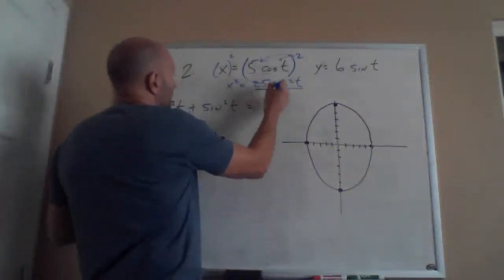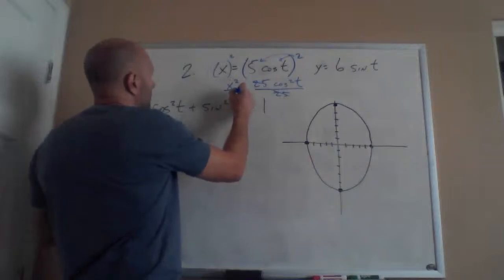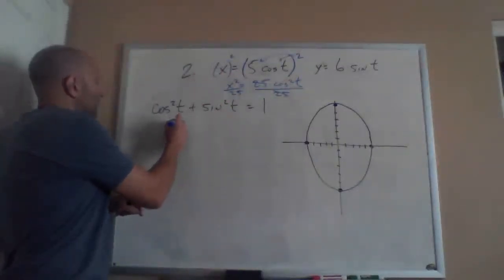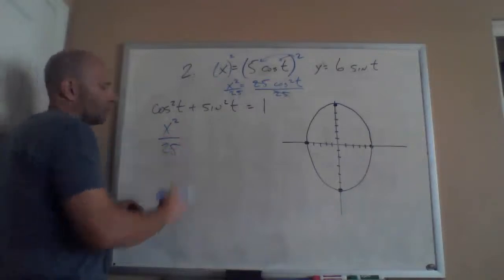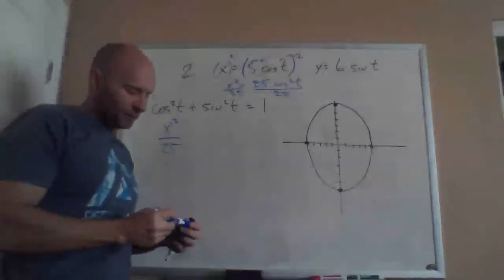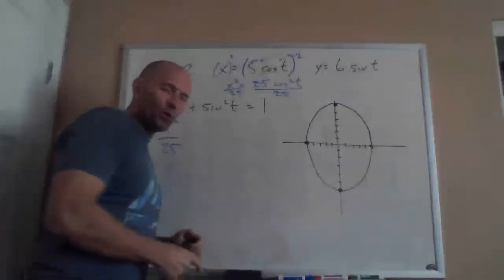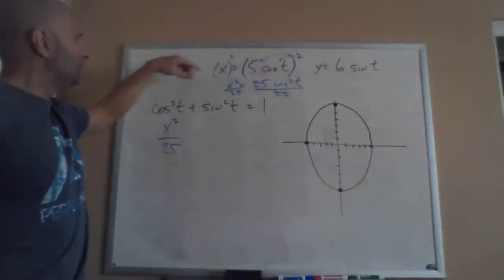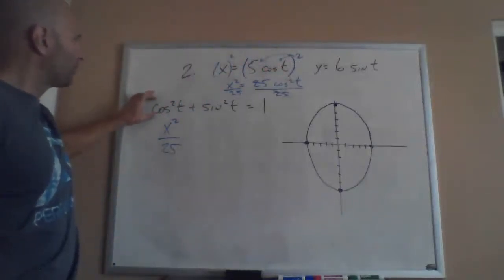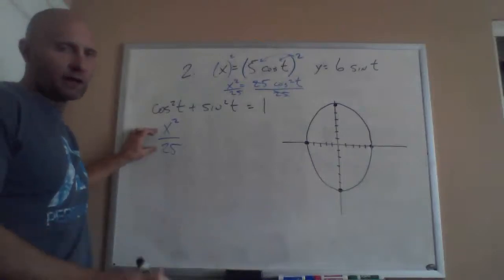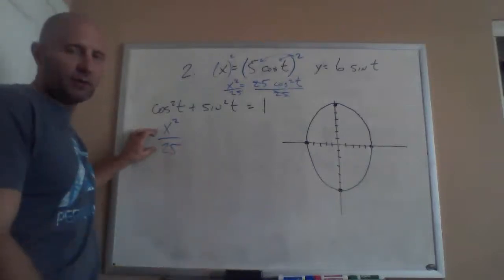So divide both sides by 25. So cosine squared is x squared over 25. So does that make sense there? I'm using my holy grail, and then I'm using the pieces that I was given to figure out what is cosine squared so that I can make that substitution. So all I have are x's and y's and numbers at the end.